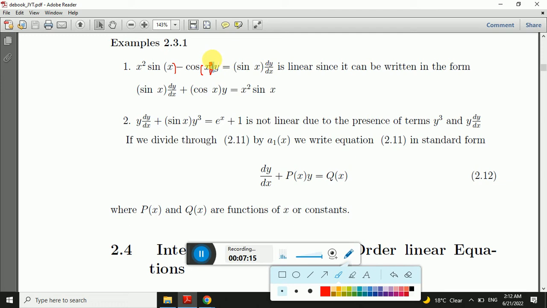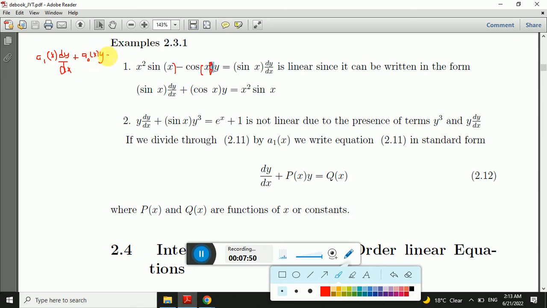So we are saying that this equation can be written in the form a1 of x dy dx plus a0 of x y.